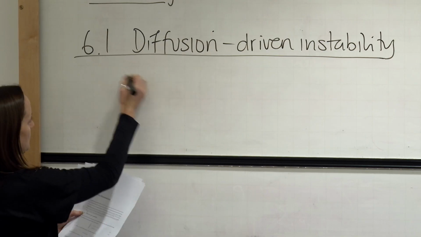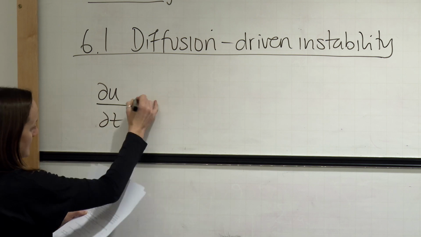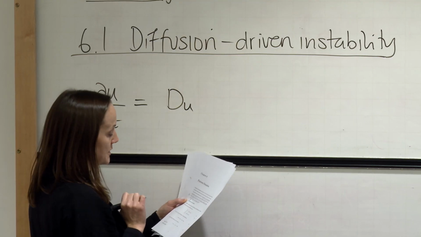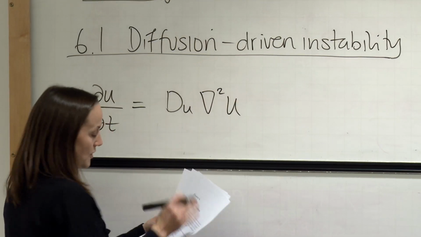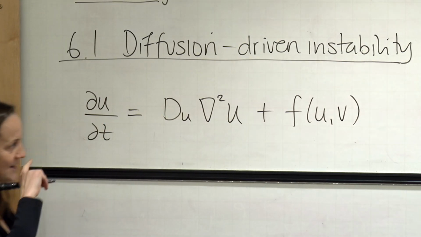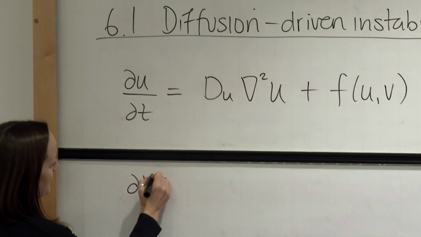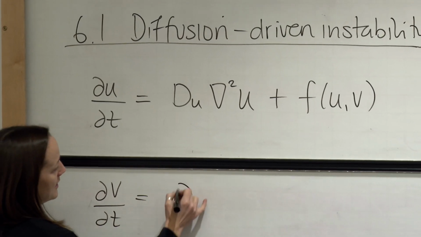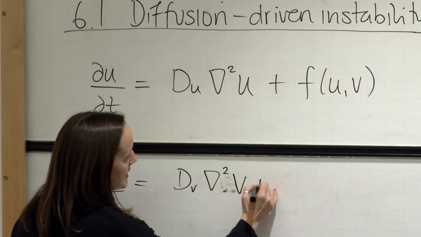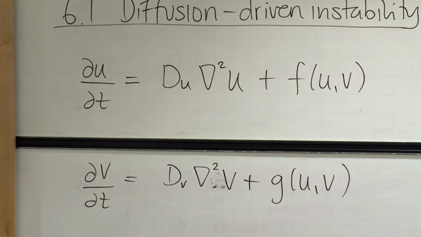We've got du/dt equal to diffusion of our species u with diffusion coefficient Du, and then some reaction kinetics. So u can react with another species v according to some reaction term f. And then we have a very similar equation for v, where v can also diffuse in our domain, and it can react with u according to some reaction kinetics g.